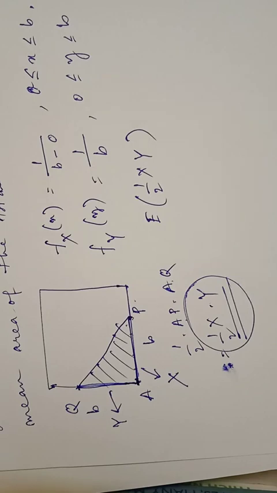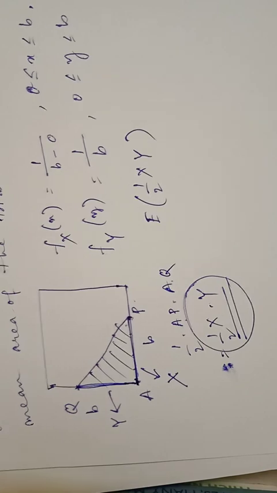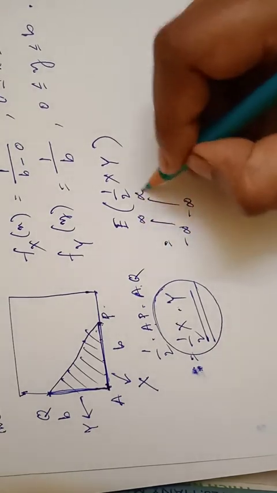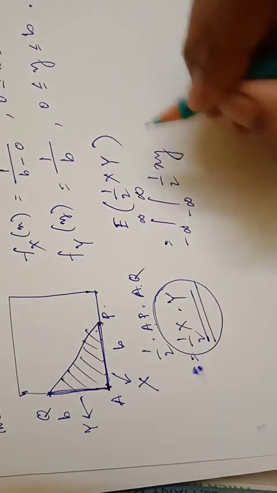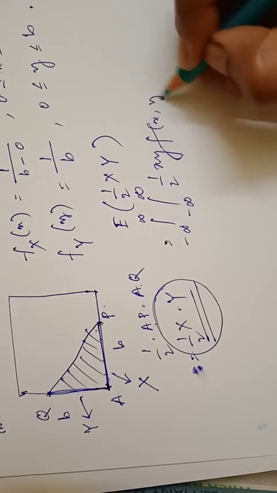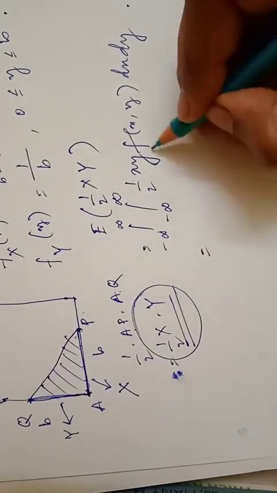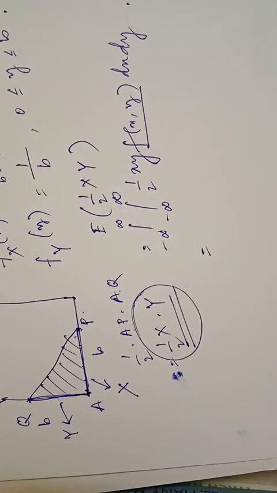Formula is very simple. Integral from minus infinity to infinity, minus infinity to infinity, half XY, f(x,y), dx, dy. Right? Now we don't know this f(x,y). This is the joint probability density function, but we do know the marginal density functions. Now check, capital X and Y are two random variables. They are independently chosen.